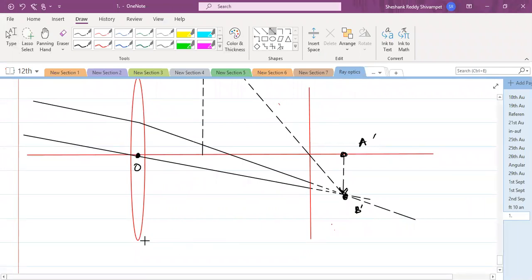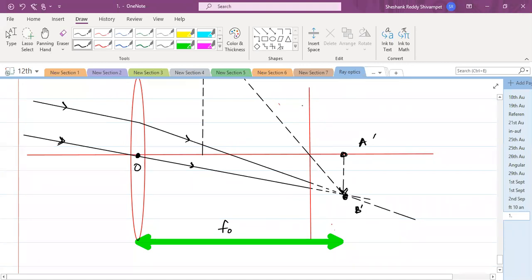Will it be f naught? Because the incoming rays are parallel, so if parallel rays are incident, the image should be formed at the focus. मतलब अगर मान लो the second lens was not a concave lens, then you would have got the final image at A dash. मतलब O to A dash is f naught.